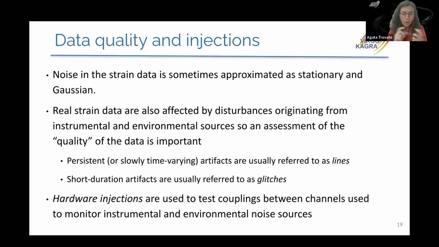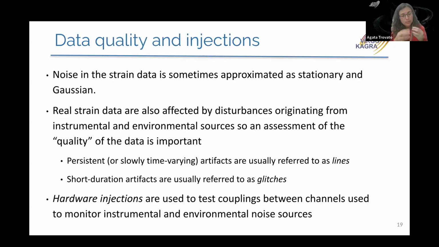This is conceptually the opposite of the line: it is short in duration in time, but can have a frequency evolution. And this can also be related to many different sources, for example from the environment, but also from the detector itself.